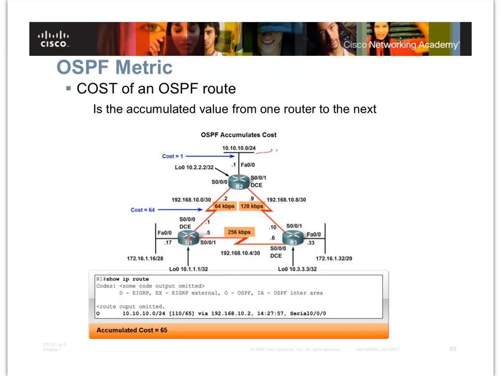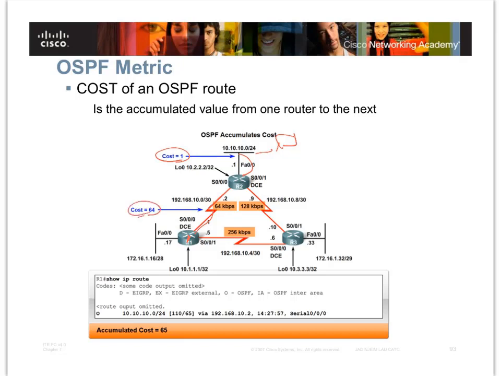So if I want to send from router 1 to a destination here, then this link is Fast Ethernet. It has a default bandwidth of 100 megabits per second, so the cost is 1. And this link is by default a T1 link, which has a default bandwidth of 1544000.